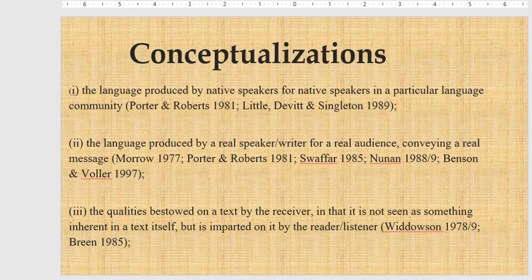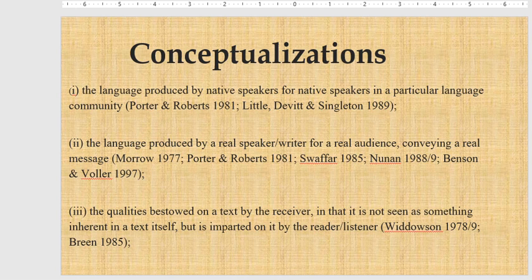For example, a sentence, an utterance, a passage produced by native or non-native speakers. If that is interesting, interactive, and purposeful for the reader, and if the reader or listener can successfully interact with that message, language, or passage, then we can claim that it is authentic.